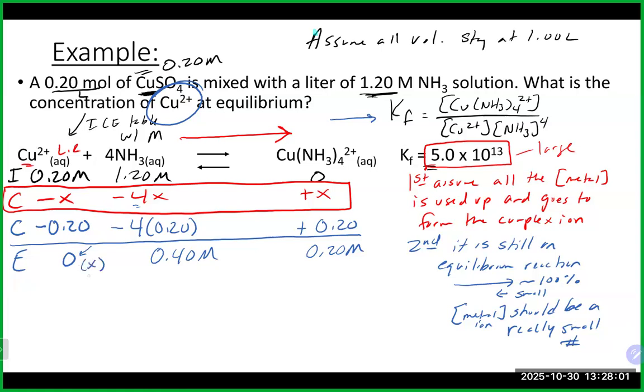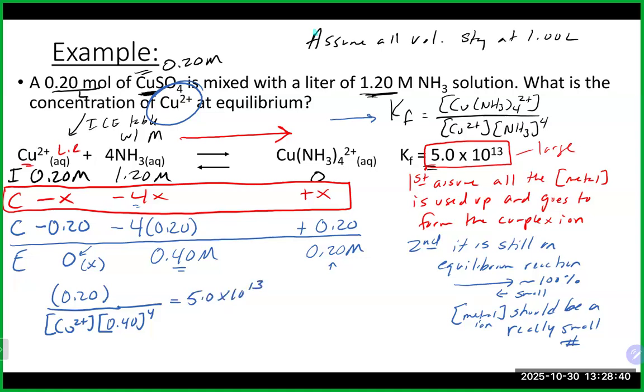So let's find out how much, and we're just going to call it X. Using our KF expression, the concentration of our complex ion was 0.2 molar from our table, divided by the concentration of the free copper, which is what we're trying to find, and our concentration of NH3, which is 0.4, that we do need to take to the fourth, equals our KF value, which was 5 times 10 to the 13.